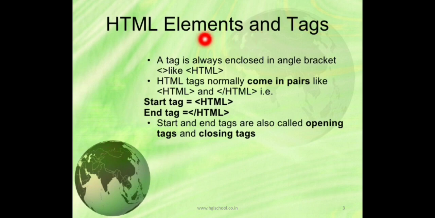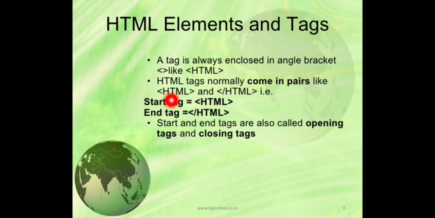So here I'll tell you about HTML elements and tags. A tag is always enclosed in angle brackets. You can see the less than and greater than symbols. This is the angular bracket. So this is an HTML element written in the angular bracket. So it is a tag. Now HTML tags normally come in pairs. You can see the HTML tag.